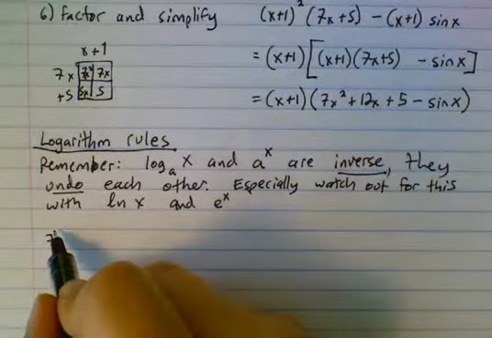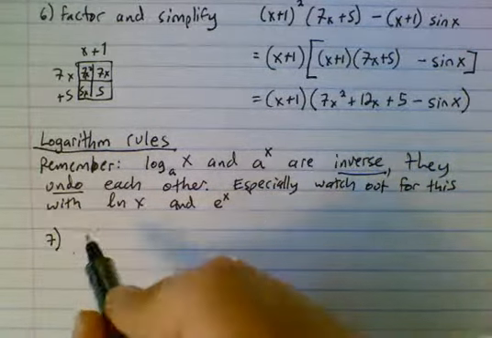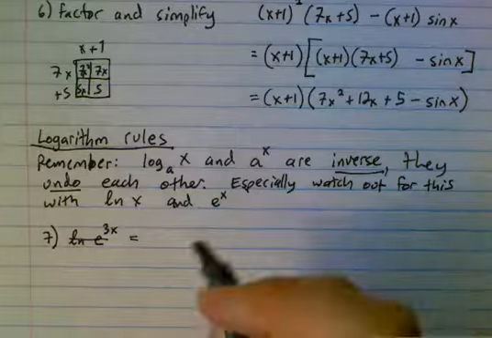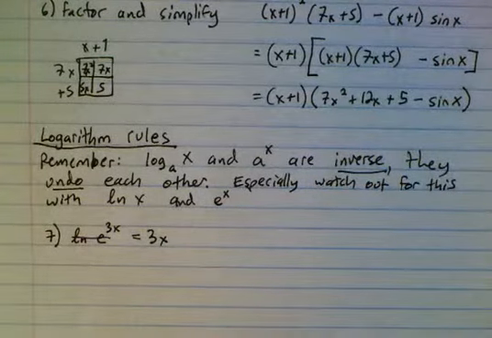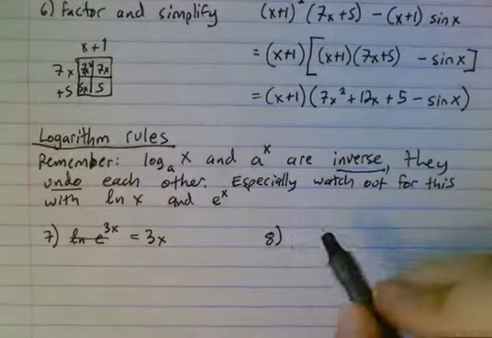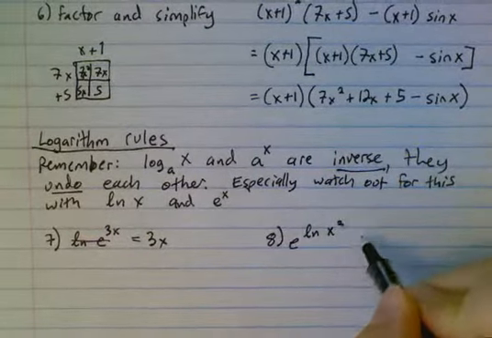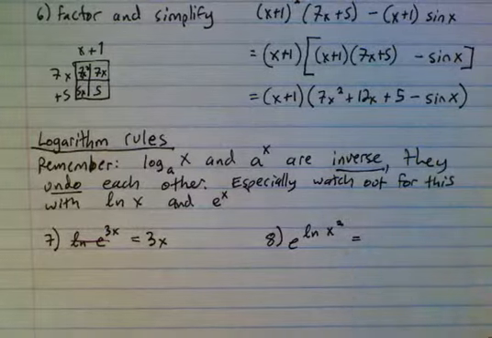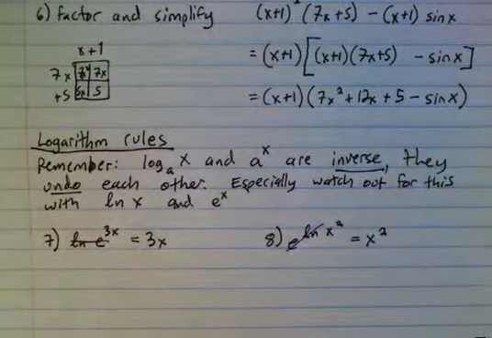So that means if we have something like this, these undo each other and pop out to be 3x. If we have something like this, e to the power of ln undo each other, that's x squared.